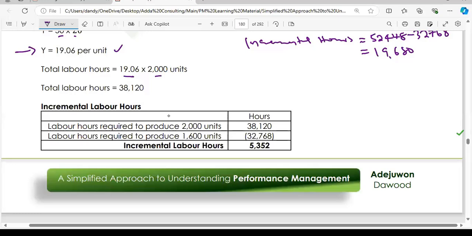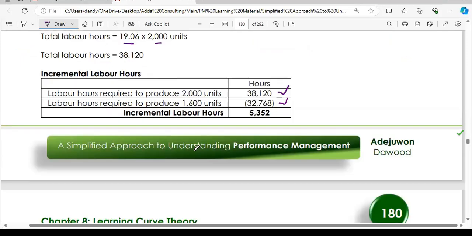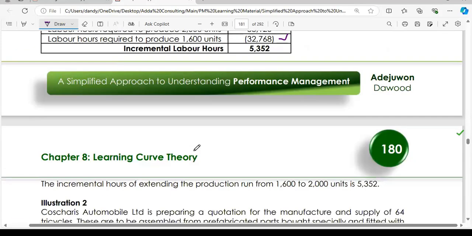The difference between 38,120 and the total hours required to produce the 1,600, 32,768, is 5,352 hours. So the incremental hours of extending the production run from 1,600 to 2,000 units is 5,352 hours. That's the end of the question.